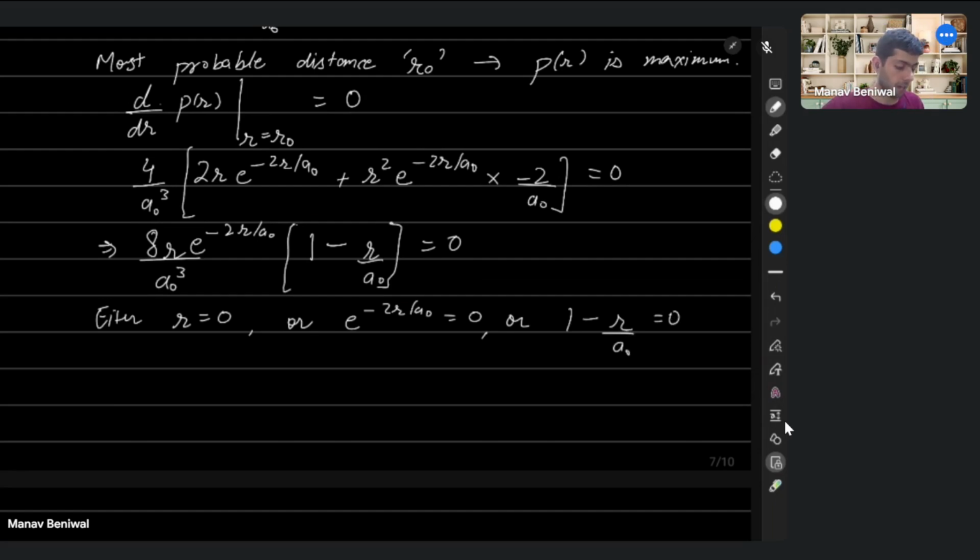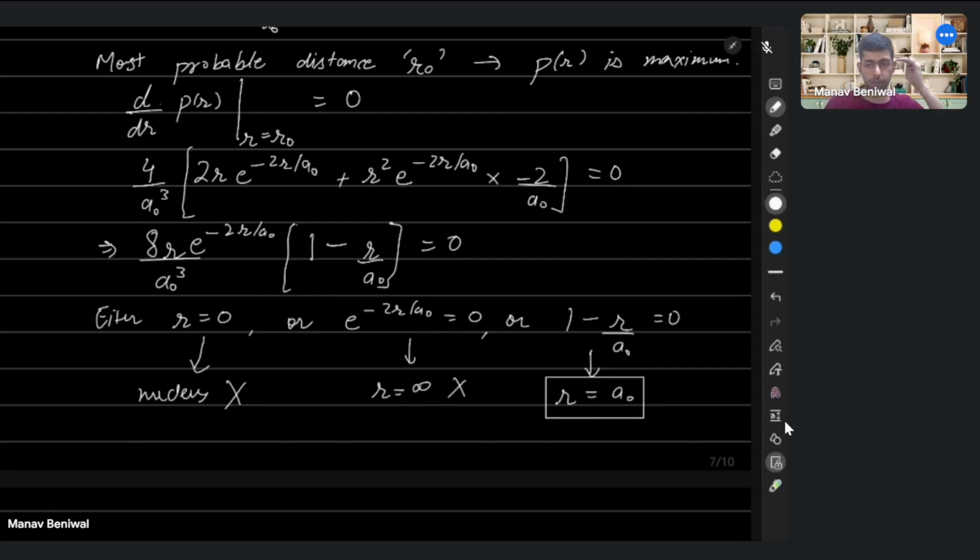So r is equal to 0 means nucleus, so this is not possible, and the exponential being 0 means that r is infinite, which is again not possible because we are talking about the ground state of the hydrogen atom. So from this we get r is equals to a naught, okay, which is the Bohr radius.